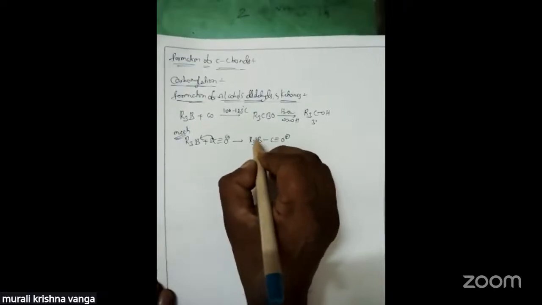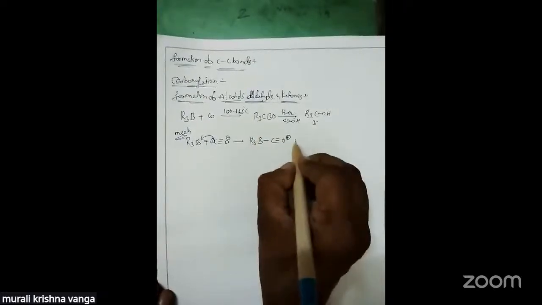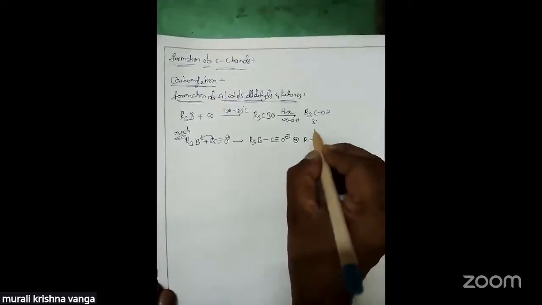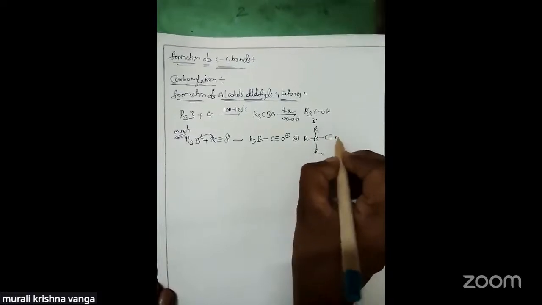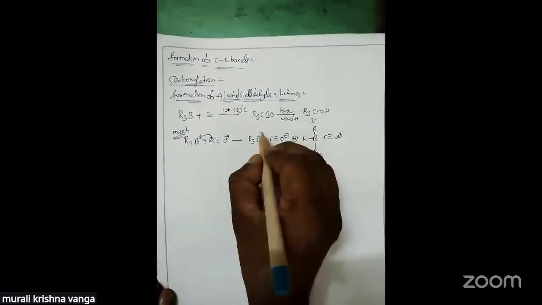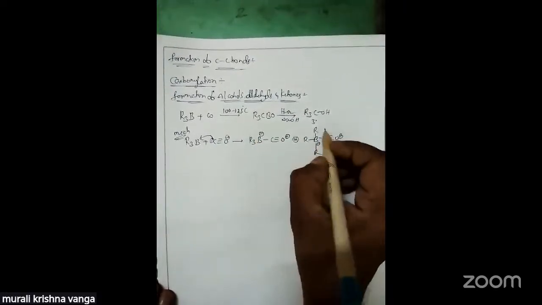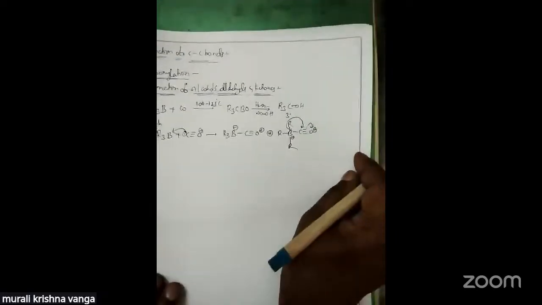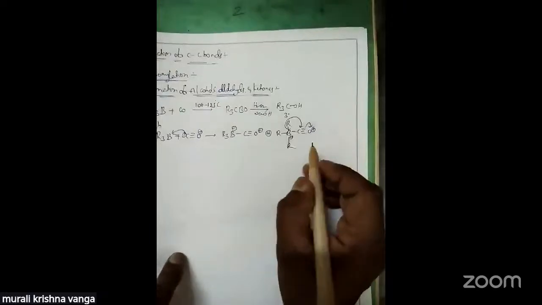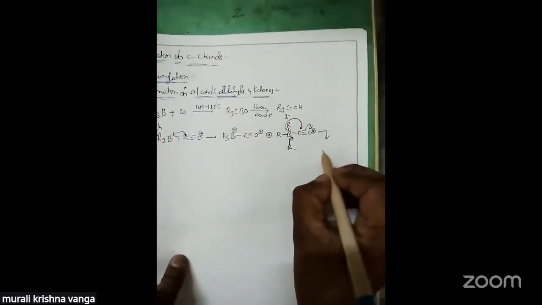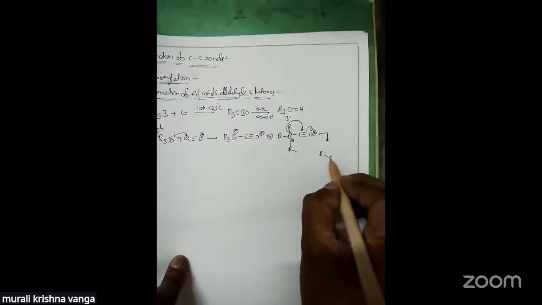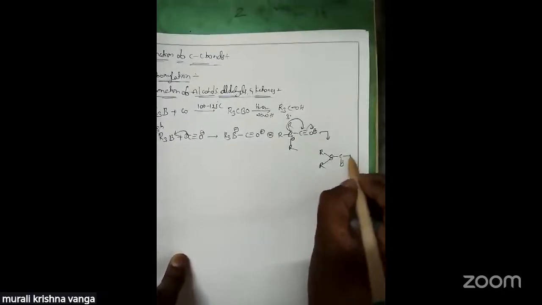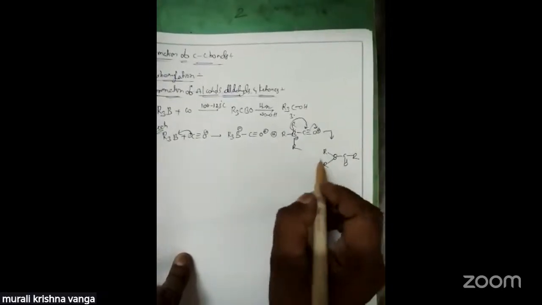One of the alkyl groups on the boron atom shifts to the carbonyl group of carbon monoxide, then a C double bond O R is formed.